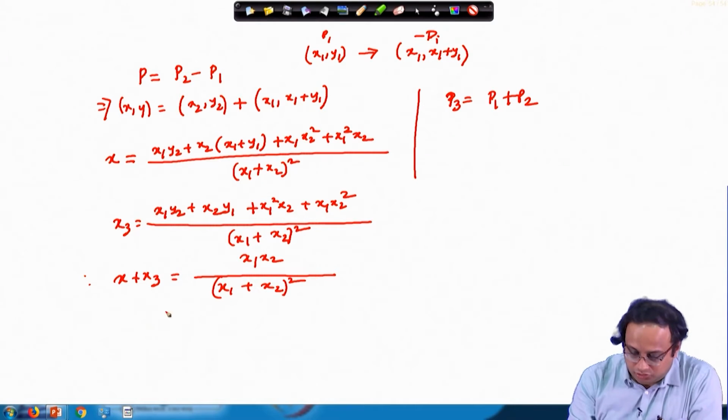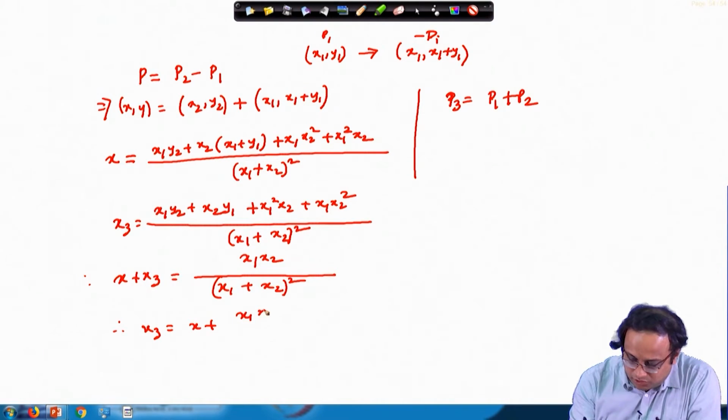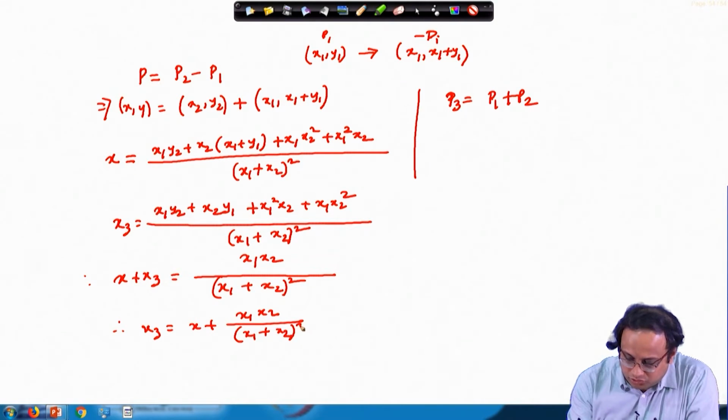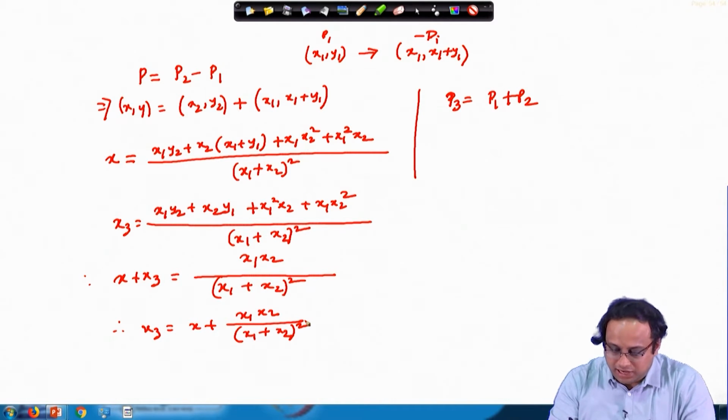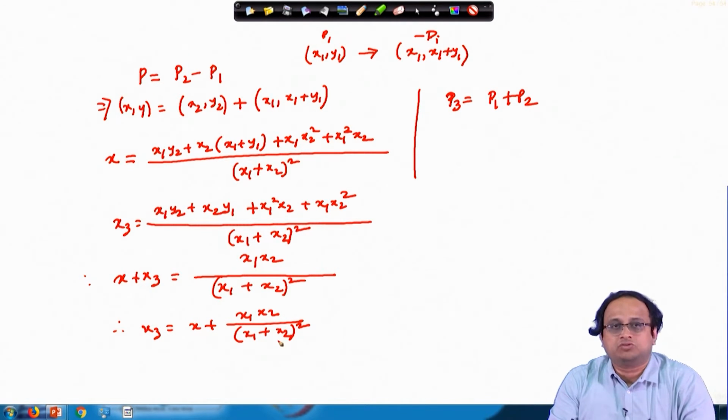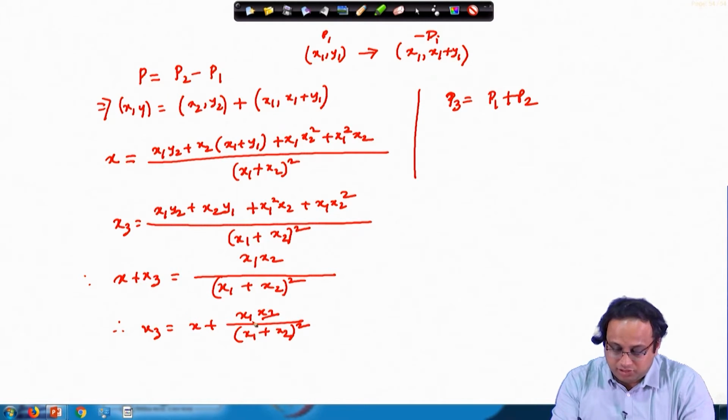Therefore, I can write x3 as nothing but x plus x1 x2 divided by x1 plus x2 whole square. Here I need to do an inversion operation, that is, calculate 1 by x1 plus x2, and then multiply with x2 and with x1, so two multiplications.